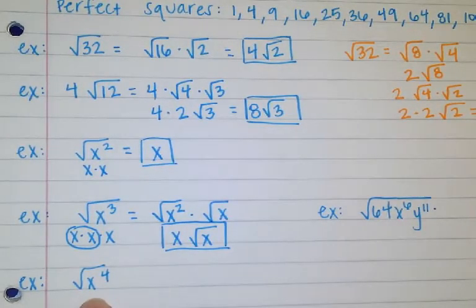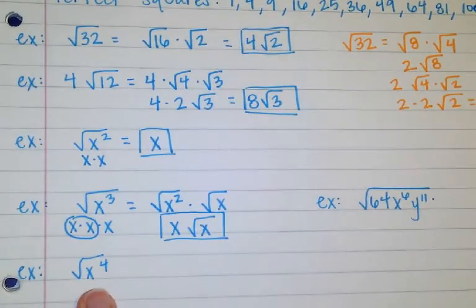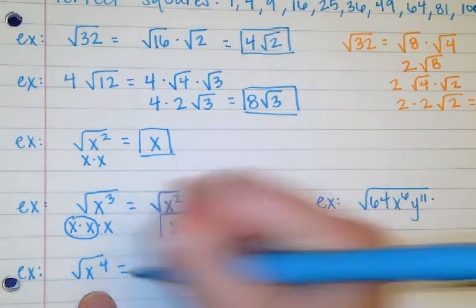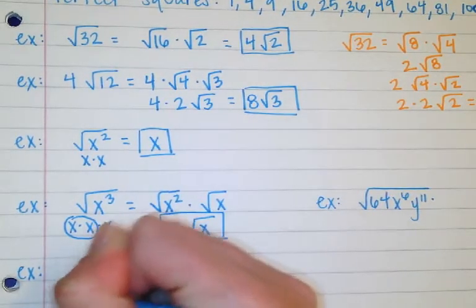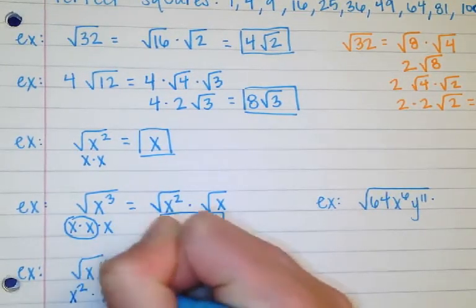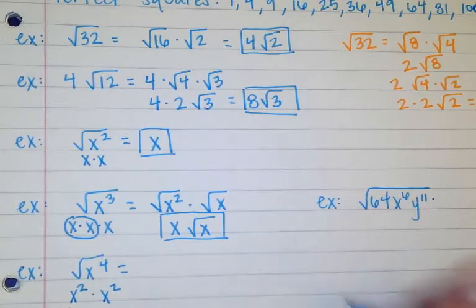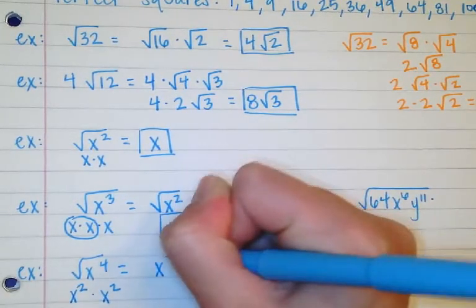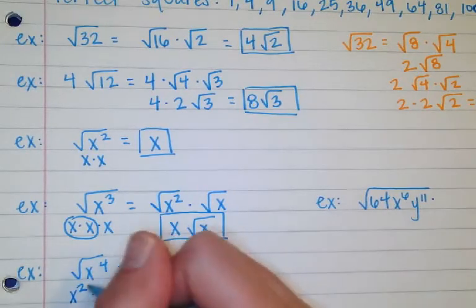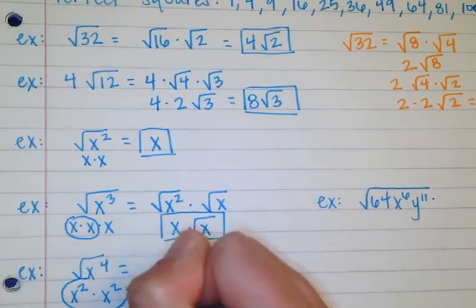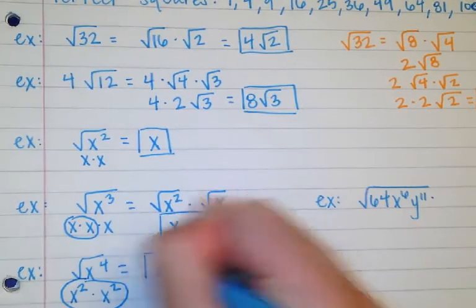Okay, if we look at the next one, x to the 4th, well, let's think about that. If I take the square root, there are 2 x squareds in there: x squared times x squared. So if I take the square root of x to the 4th, I'm going to be left with x squared because it comes from a pair of x squareds.